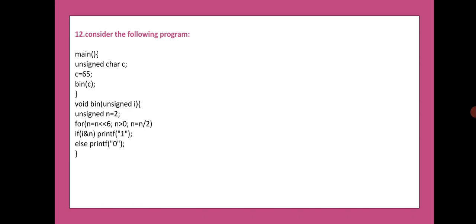If i and n is true, printf 1, else printf string 0. What would be the output of the following program?